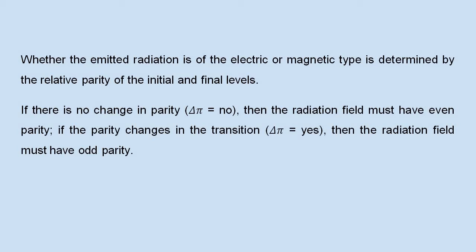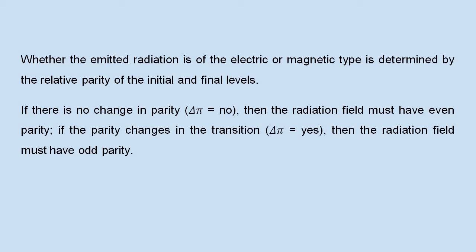So if the initial and final parities have the same value, that means if one is positive, the other should also be positive. Then only, or if minus 1 raised to L is even, that means minus 1 raised to L is 1, you will say that L is its final value.